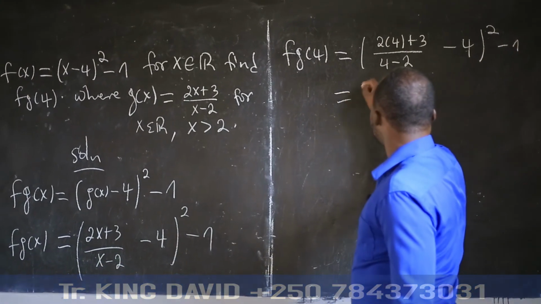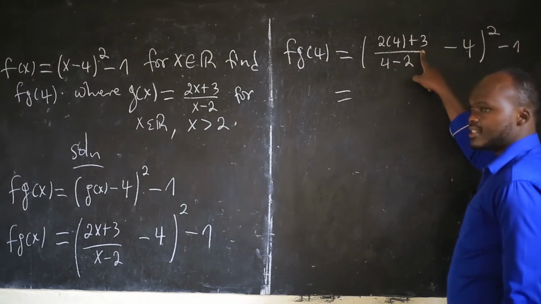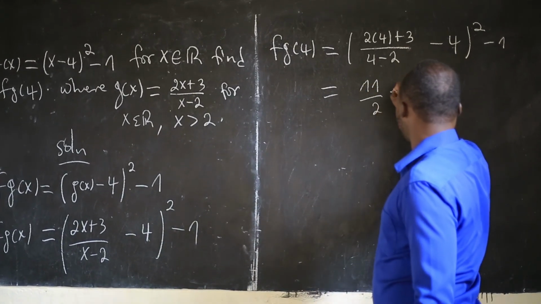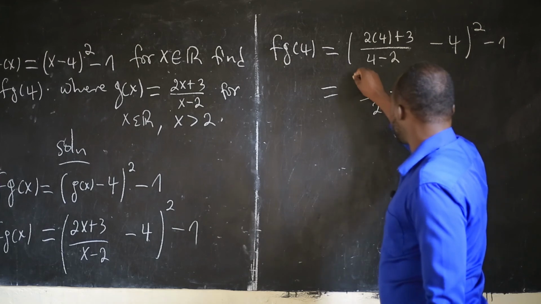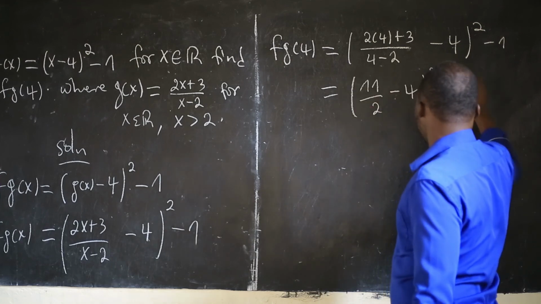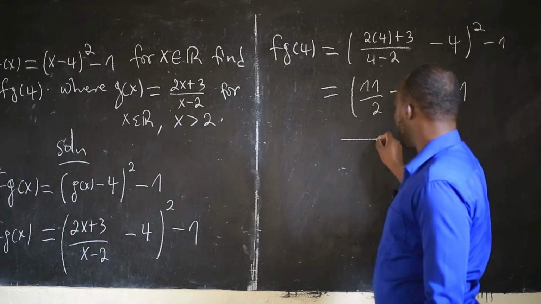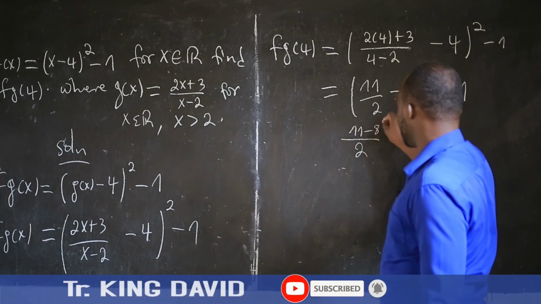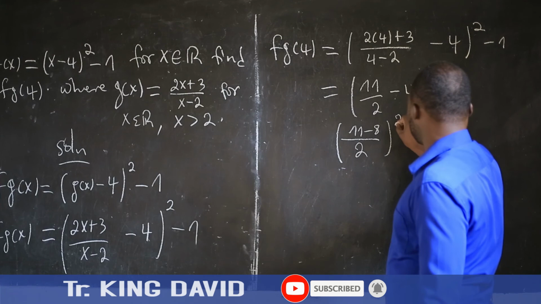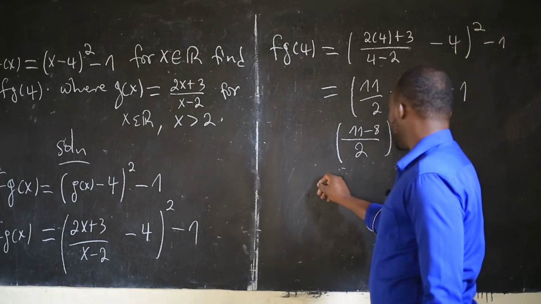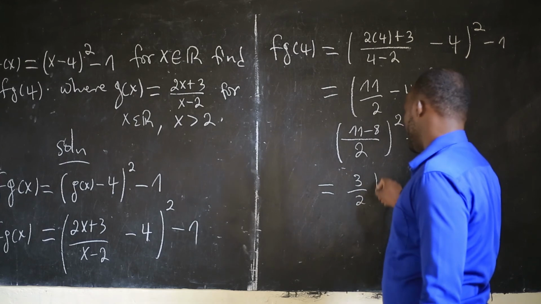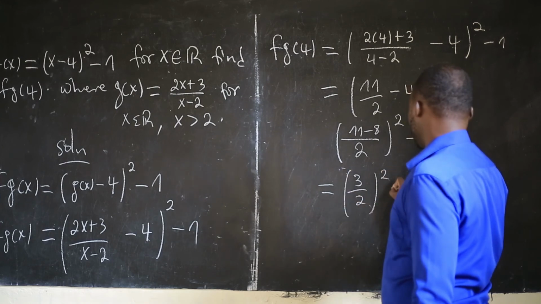So this is 8. 8 plus 3, that is 11, divided by 2 minus 4, into bracket squared, minus 1. So we find the LCM there, that is 2. 11 minus 8 squared, minus 1. So that is 11 minus 8 is 3. 3 over 2 squared, minus 1.